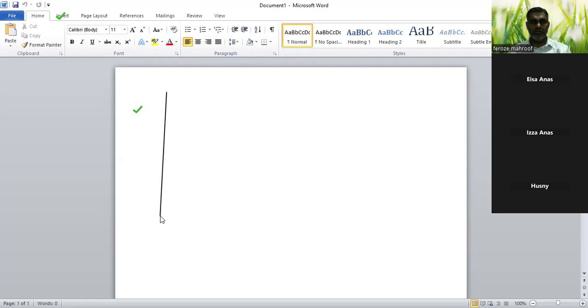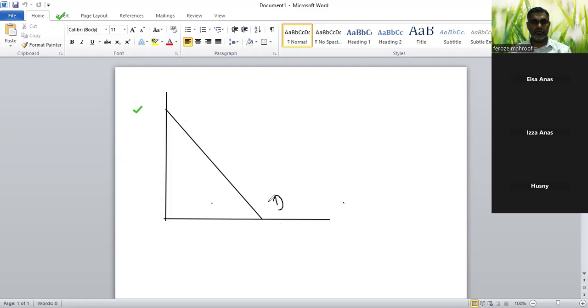Listen to me carefully. See this. In this, this is the demand curve. I'll explain this properly again. Demand curve. Then this is the supply curve.